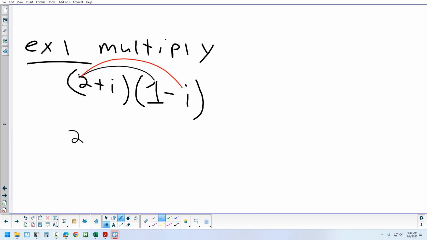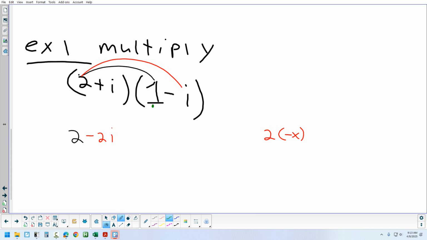That's just like doing 2 times negative x. Now I know I said to you i is not used as a letter here. It's used to represent the square root of negative 1. But you're still going to do it exactly like you would do this problem. So what do you think 2 times negative i is? Negative 2i.